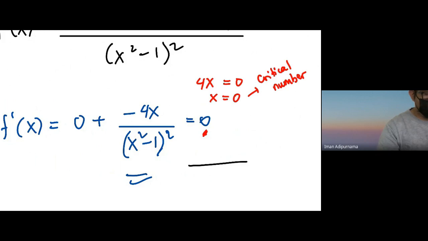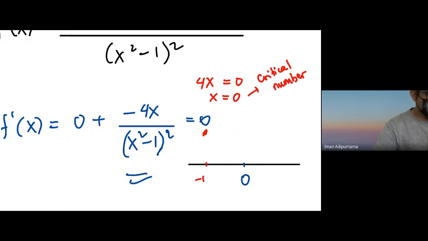And then we can do some predictions. So this will be 0, and then you have the asymptotes here, and check the numbers. So between here, you check -2.